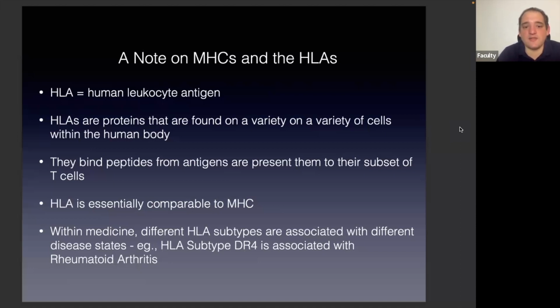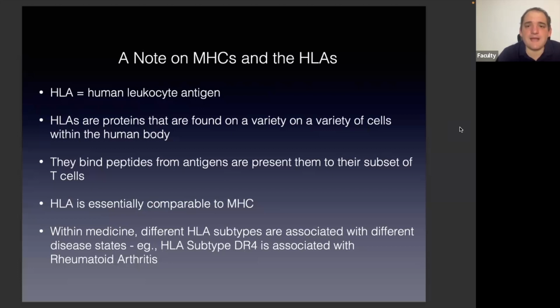And to that extent, what the HLAs do is the same process. They take parts of this antigen, the peptides, for example, and they present them to their subset of T cells. It's really the same thing as MHC. So if you come across HLA, I don't want you to become confused by any means. It's very similar for our purposes. We can just think of them as the same.